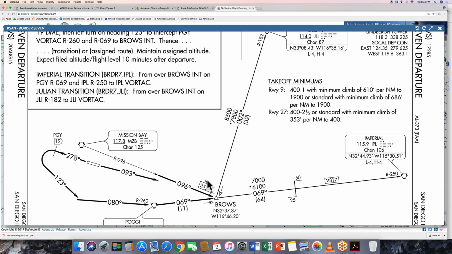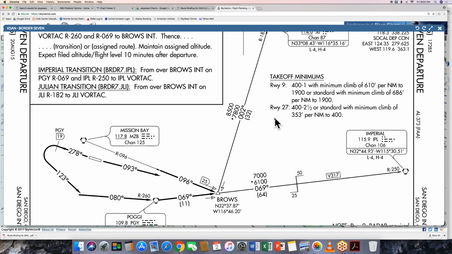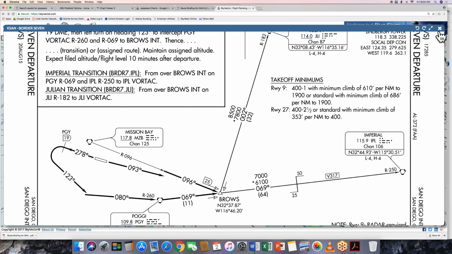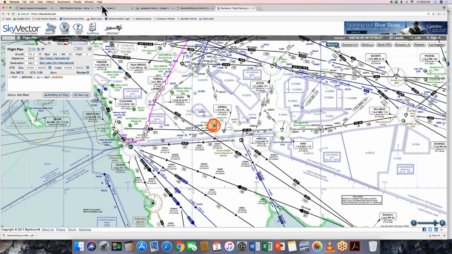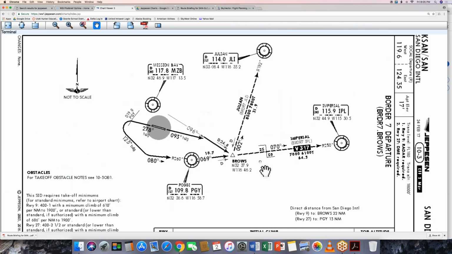So I think that's just to identify where this waypoint is. But in the same breath, it's showing as a transition point. So that's what's frustrating about these charts. If you look on your Jeppesen charts, it's showing that arrow there, but it's showing it as a transition point.